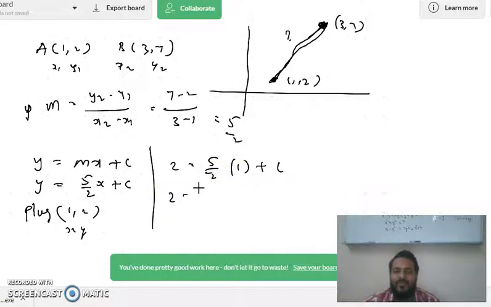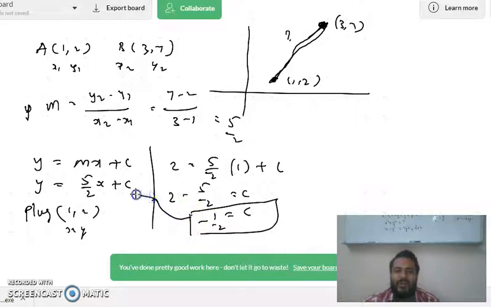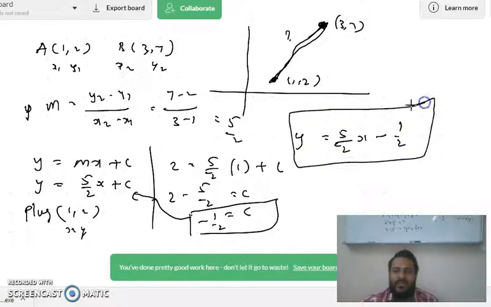So 2 minus 5 by 2 is equal to c. c is equal to minus 1 divided by 2. Put c is equal to minus 1 by 2 here. You will get y is equal to 5 by 2 x minus 1 by 2, which is the equation of the line joining these 2 points A and B.